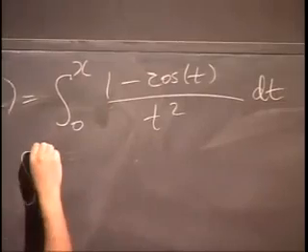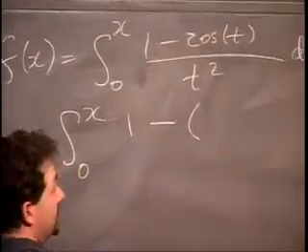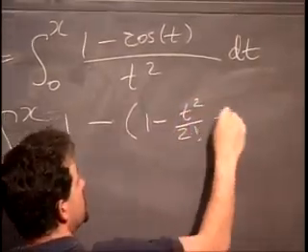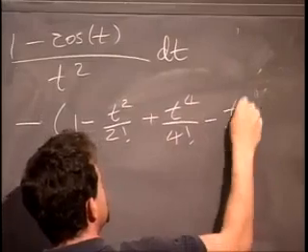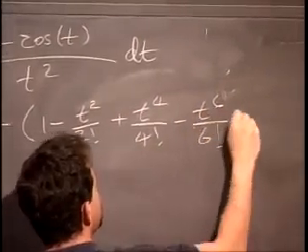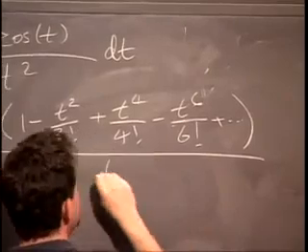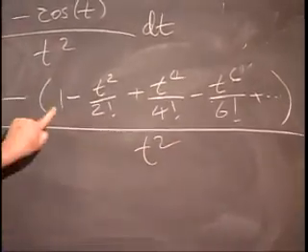So I get 1 minus the series, 1 minus t squared over 2 factorial plus t to the 4th over 4 factorial minus t to the 6th over 6 factorial, and so on, over quantity t squared. The 1's cancel out.